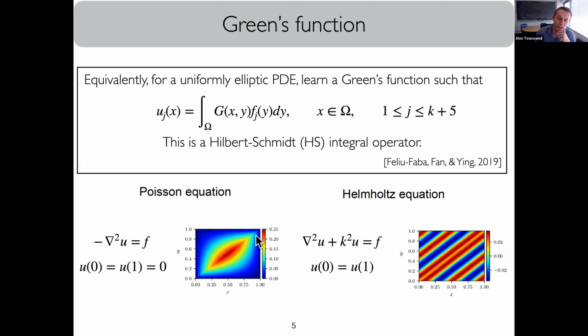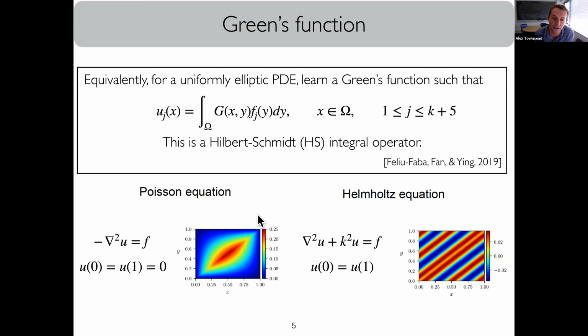It's like a hat function. It's got a kink on the diagonal. You can also do this for Helmholtz. Here's the one for Helmholtz. It depends on this k. As I say, you give me a uniformly elliptic PDE and I can write down the Green's function associated to it. And in 2D, this is a 4-dimensional function. And in 3D, it's a 6-dimensional function.